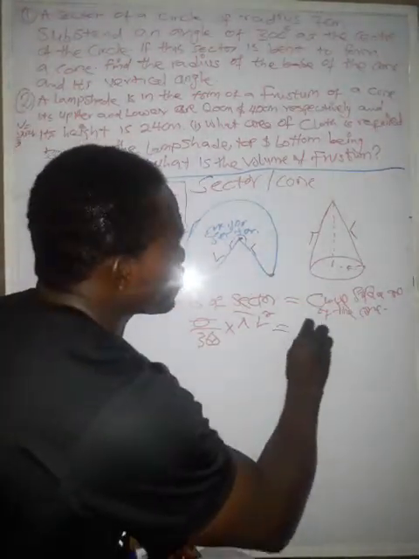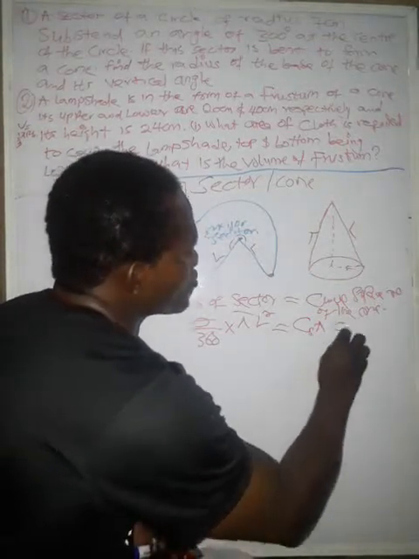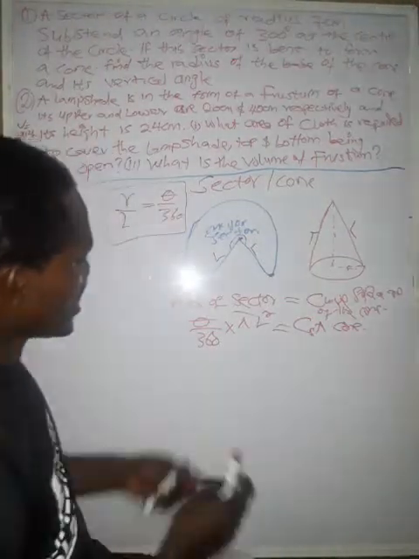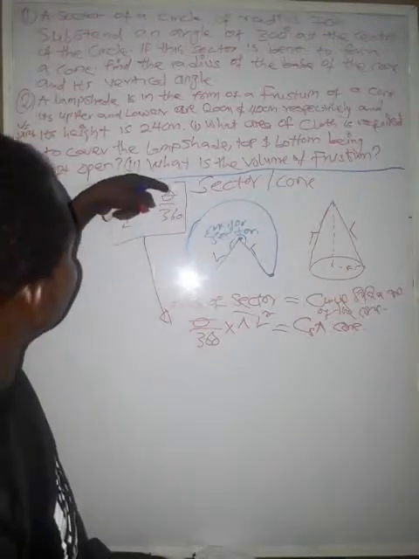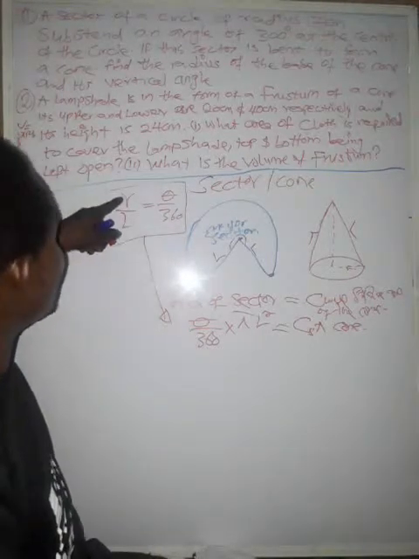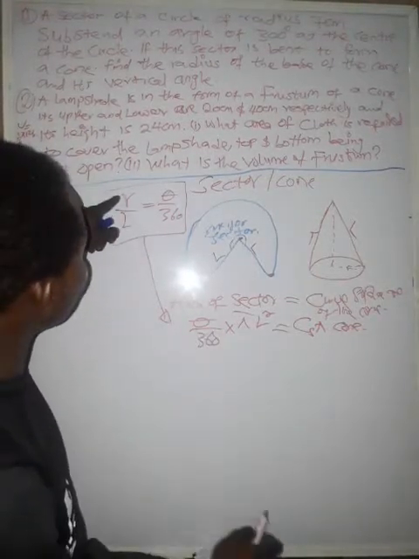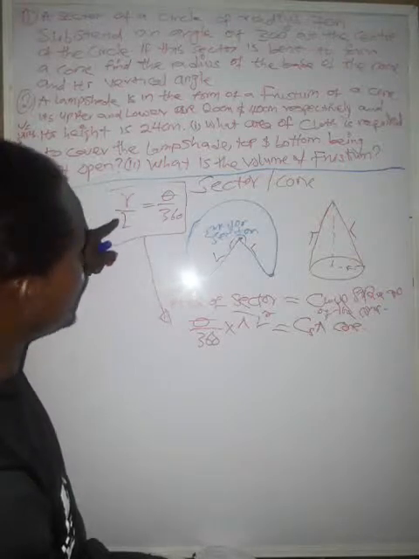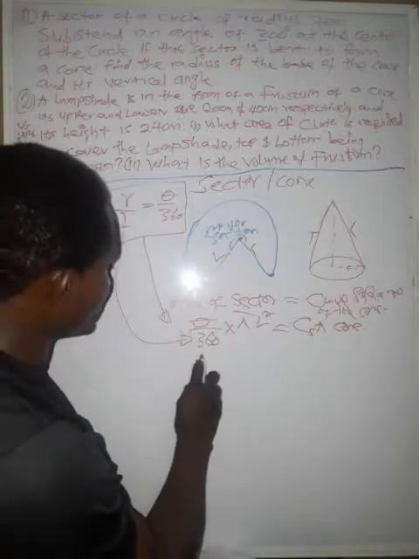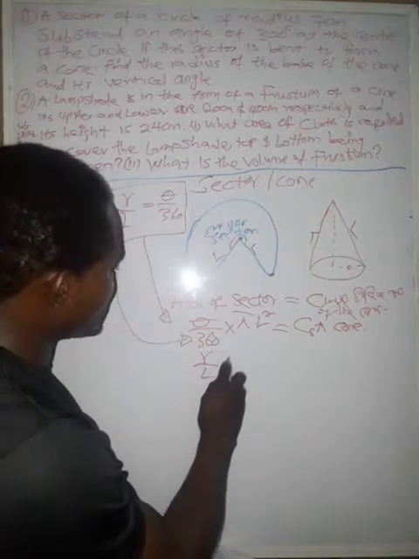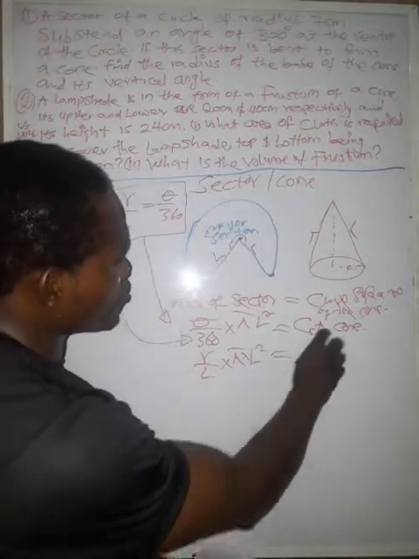This now equals the curved surface area for the cone. From here, theta over 360 is the same thing as r over L, so I can eliminate theta over 360 by substituting r over L. It becomes r over L times pi L squared equals the curved surface area.